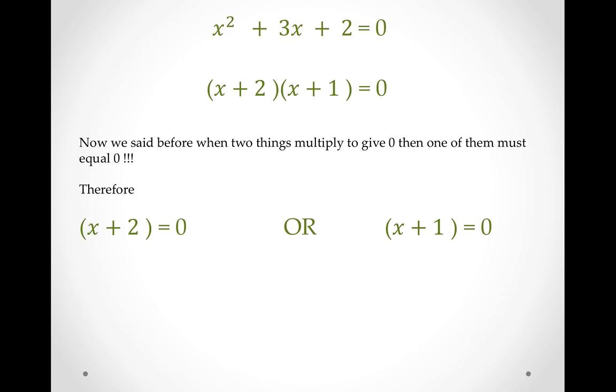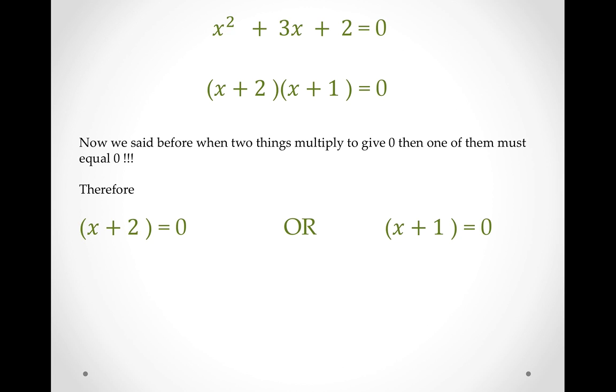Now we said before that when two things multiply to give 0, then one of them must be equal to 0. So therefore, in this quadratic, we've got x plus 2 times x plus 1 equals 0. So therefore, x plus 2 must equal 0, or x plus 1 must equal 0.